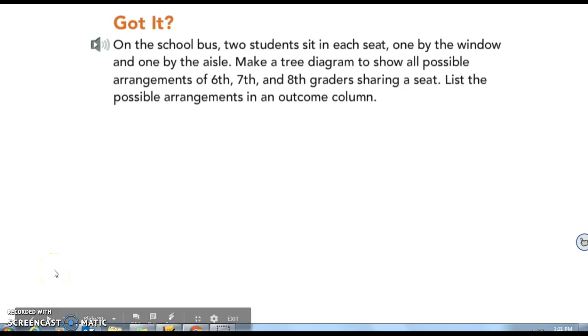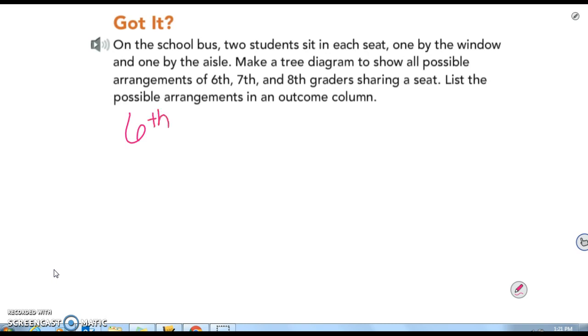On the school bus, 2 students sit next to each other, one by the window and one by the aisle. Make a tree diagram to show all possible arrangements of 6th, 7th, and 8th graders sharing a seat. List the possible arrangements in an outcome column. So we could have a 6th grader that sits with a 6th, 7th, or an 8th grader.